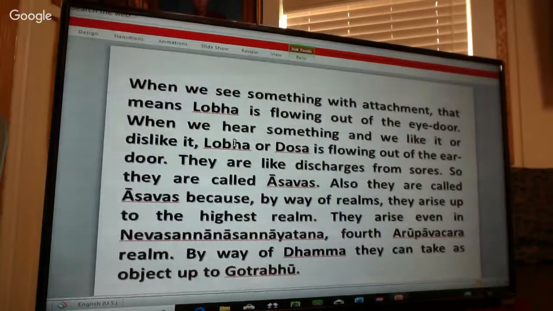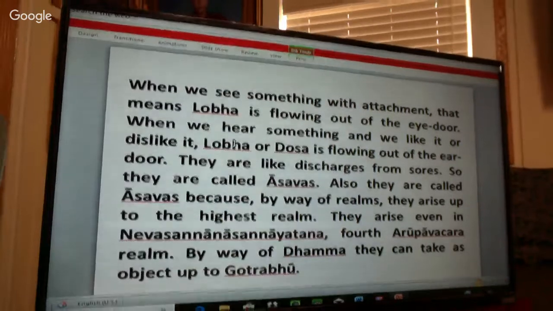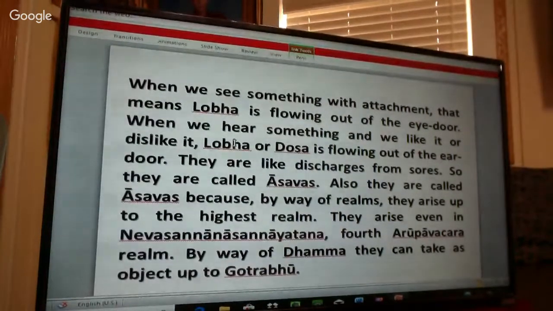That's why the Buddha didn't say dosa is included in asava. Because of lobha, the like and dislike, attachment makes it. Lobha makes it like this: I like it, I don't like it. So if you don't like it, then dosa takes that object. Very funny, our mental situation. Sometimes you don't like that one, but you think about that one again and again.